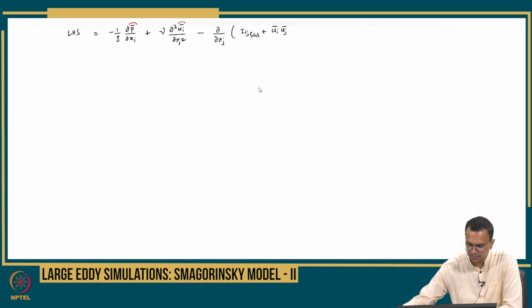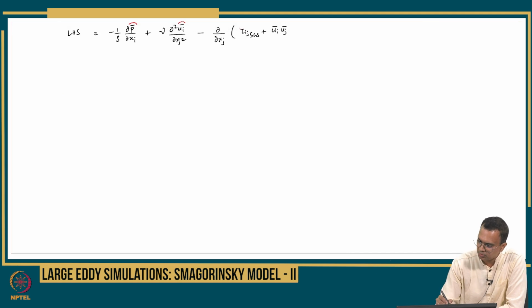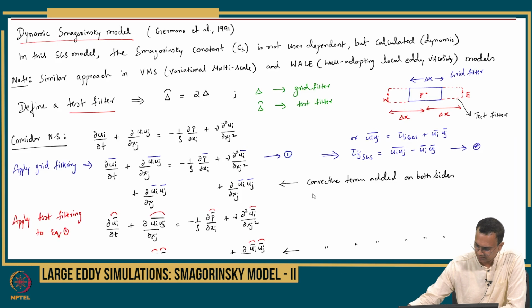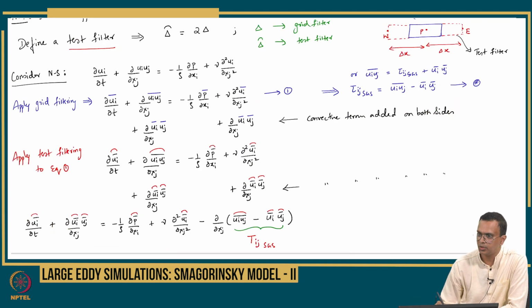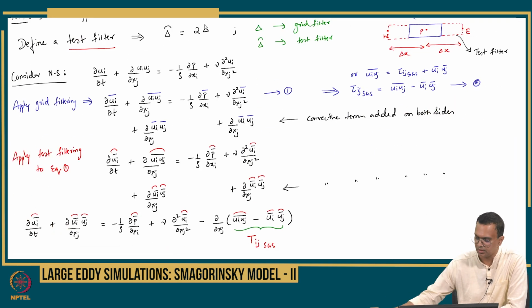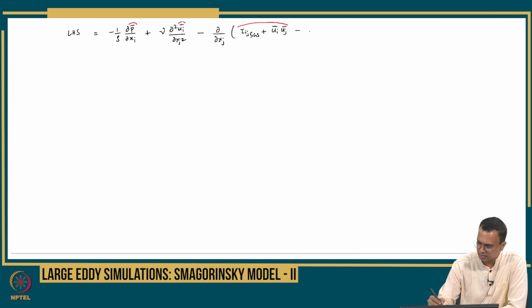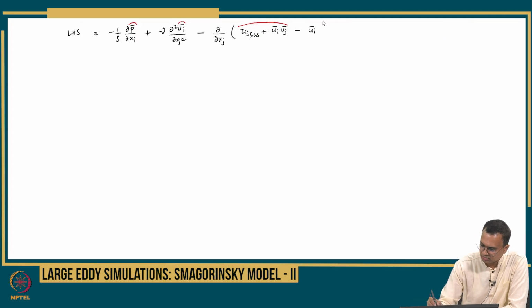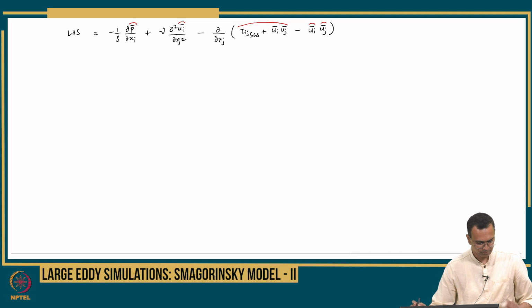So I get a test filtering operation over this entire part here, and then minus I have the other two terms, which is ui bar test filtered, and uj bar test filtered.